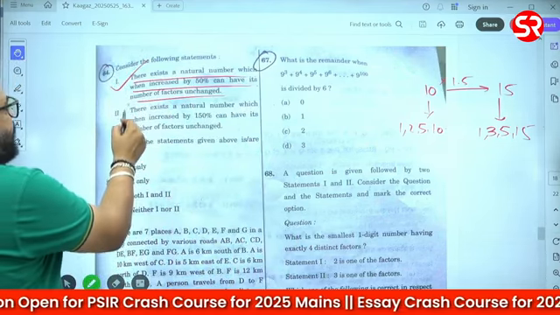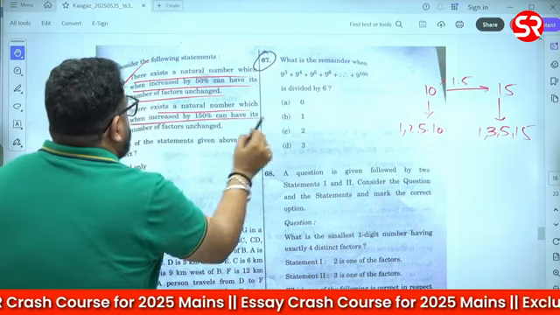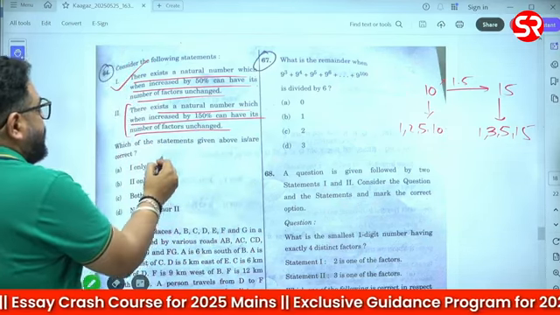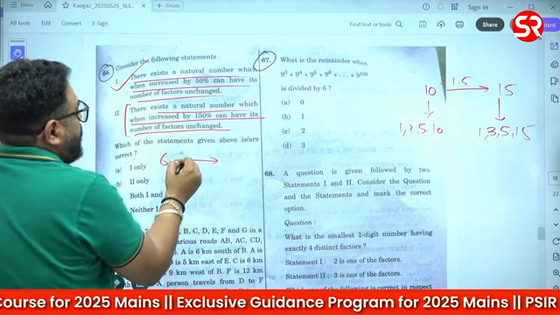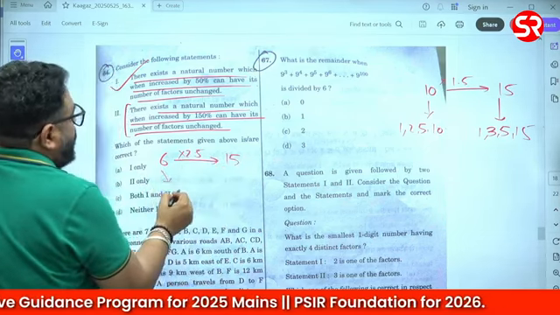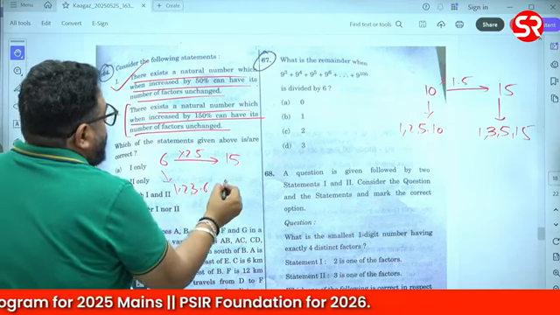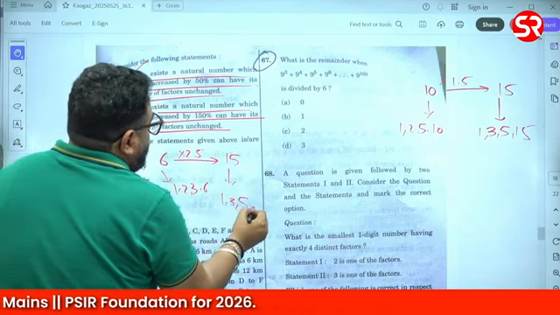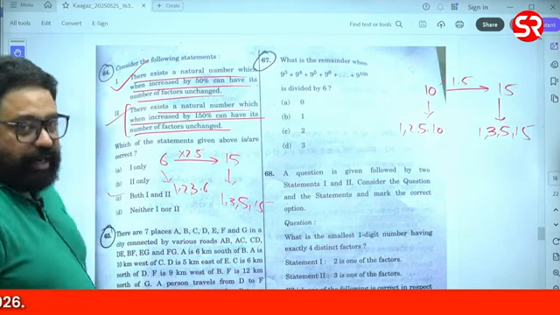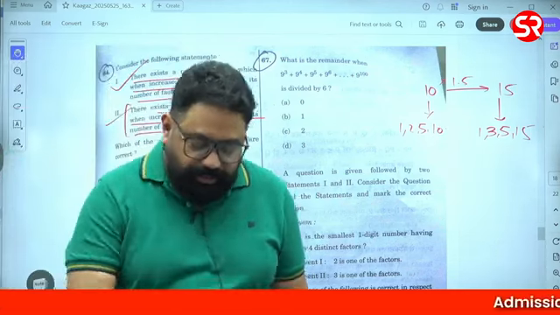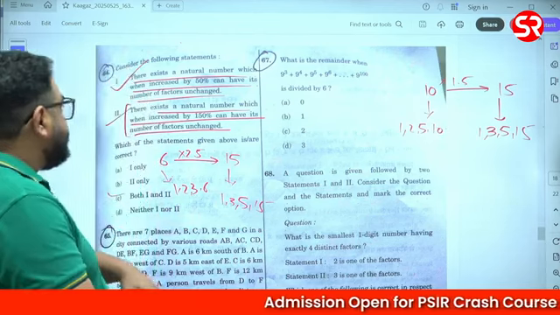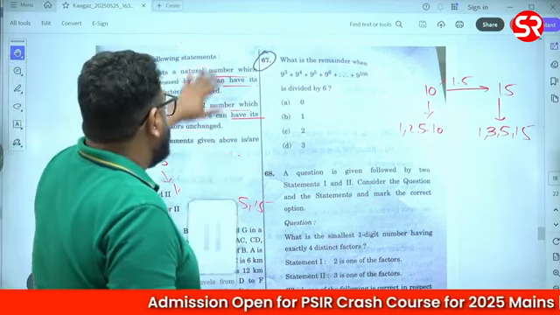And then he says there exists a natural number which when increased by 150% can have number of factors unchanged. 6 increased by 150% is multiplied by 2.5, comes out to be 15. Factors of 6 are 1 and 6. Factors of 15 are 1, 3, 5 and 15. Yes, true. So both 1 and 2 are actually working over here. चलेगा? चलेगा.